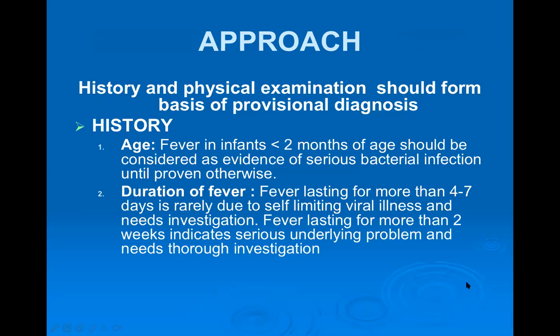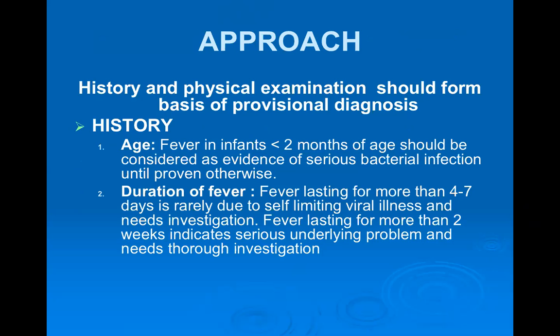Let's move further. Now, the most important part of this particular topic is coming, that is approach. Now, what do you mean by approach in clinical medicine? The meaning of approach is how to take history. Now, you are going to be a clinician. How to diagnose the disease?